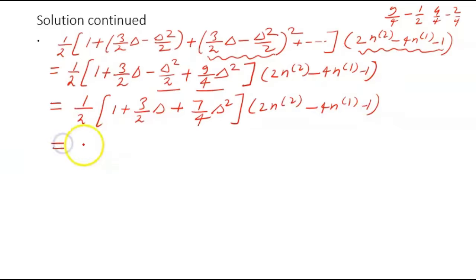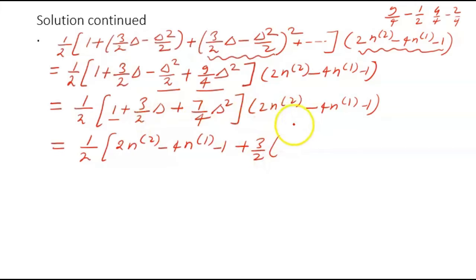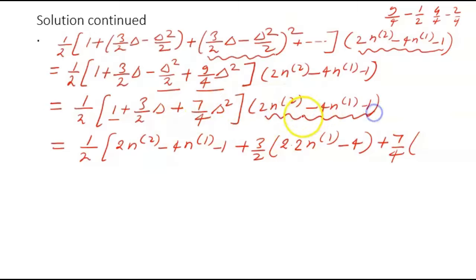Now let us do the operation. So 1 by 2 and 1 into this. So I will get just 2n to the power 2 minus 4n to the power 1 and minus 1 plus 3 by 2. And if I operate delta on this, I will get 2 into 2n to the power 1, right? And if I operate delta on this, I will get minus 4. And then I will write plus 7 by 4. And if I operate delta square on this, applying delta square basically means what?